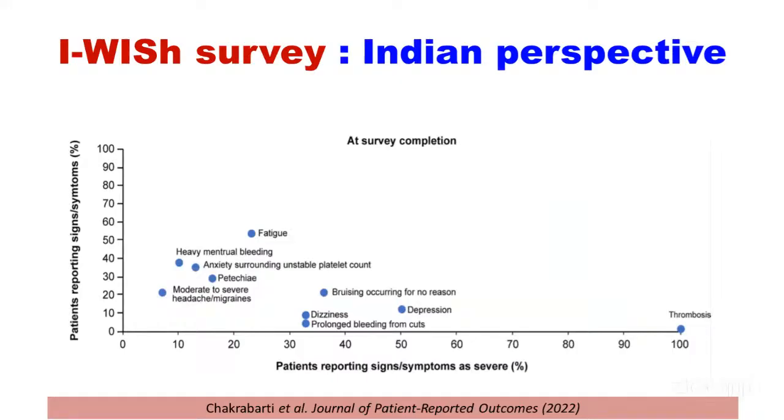This is the Indian perspective, the IWISH survey, a very important survey regarding the clinical symptoms and signs. Most patients of ITP are presenting with fatigue, and a good number of young patients have menstrual bleeding, as well as anxiety, petechiae, headaches and migraines.